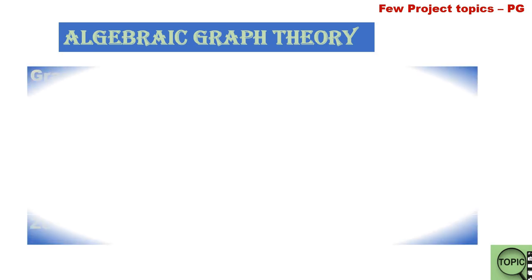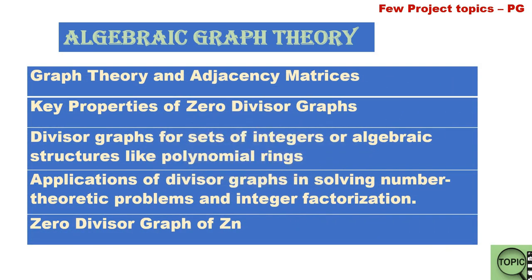You can also have graph theory and adjacency matrices as one of the topics. Key properties of zero divisor graphs. Divisor graphs for sets of integers or algebraic structures like polynomial rings. Applications of divisor graphs in solving number theoretic problems and integer factorization. Zero divisor graph of Zn.